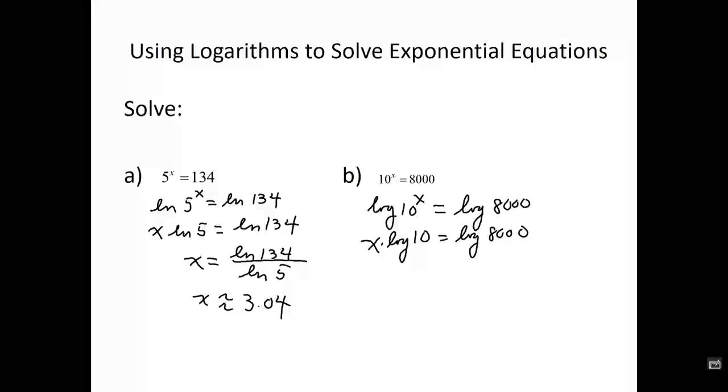The log of 10 to the base 10, of course, is going to be 1. So that's x times 1 is equal to the log of 8,000. So x is equal to the log of 8,000. If you use your calculator to get an approximation, x is approximately 3.9.